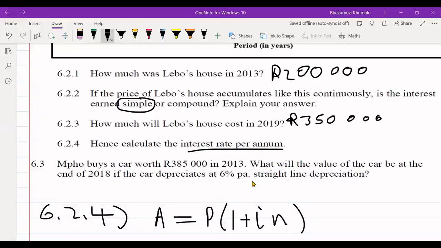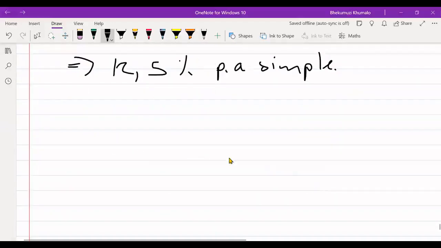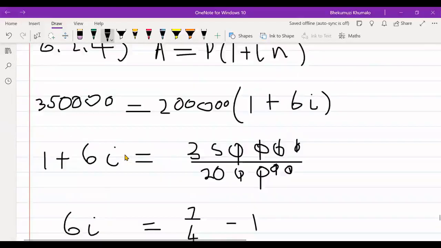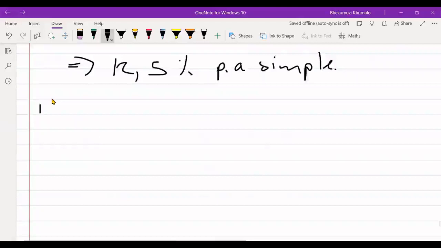Now, as I explained about straight line, they just said straight line depreciation, meaning this is tied to what? To simple interest, right? So we're still going to use the same type of formula of simple interest. This is 6.3.